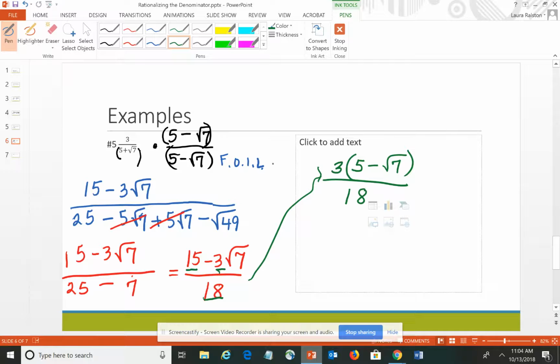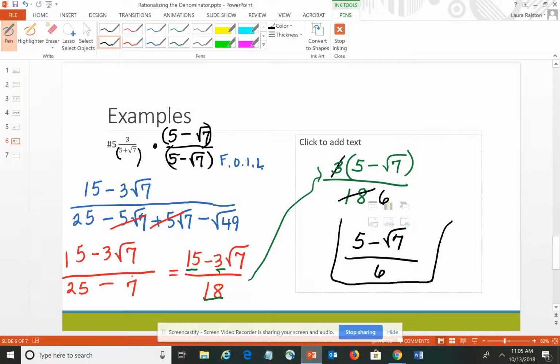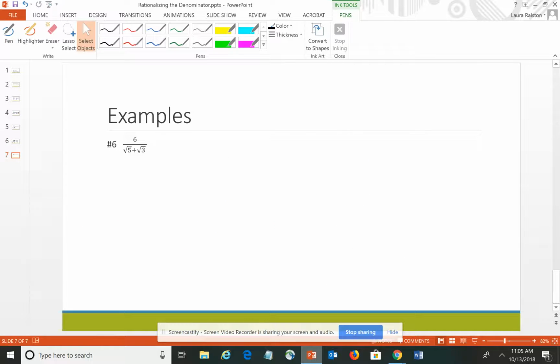And then I can divide out the 3. 3 goes into 3 one time. 3 goes into 18 6 times. So my final answer in its simplified form is 5 minus the square root of 7 all over 6. You got to simplify the radical, but you also have to simplify the fraction. So be extra careful. One more.